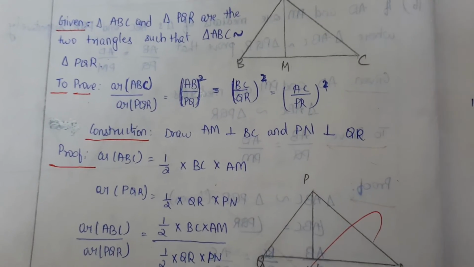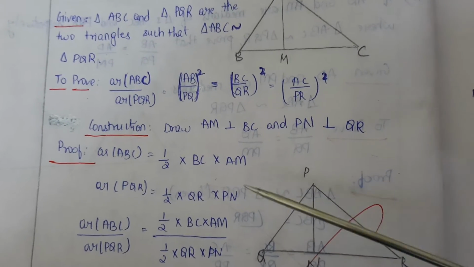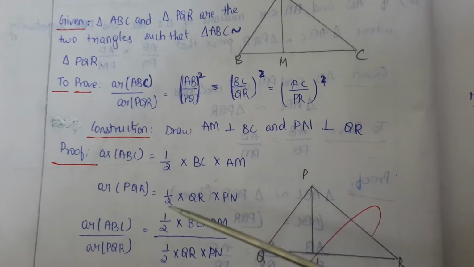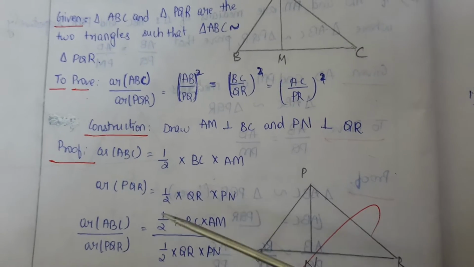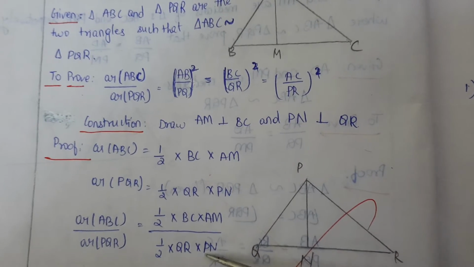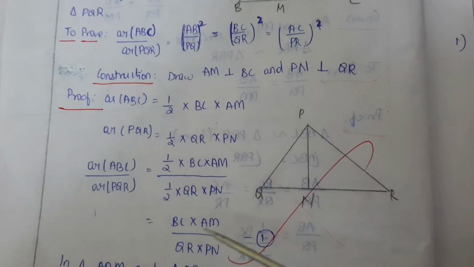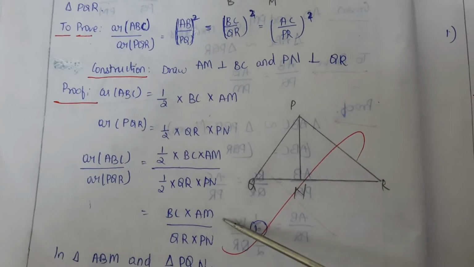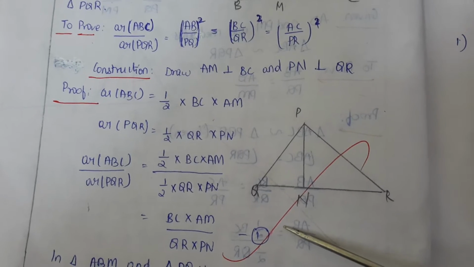Same way, area of PQR is half into QR, the base, into PN, the altitude. So now area of ABC by area of PQR is equal to half into BC into AM by half into QR into PN. Half and half get cancelled. We get BC into AM by QR into PN. Take this as the first equation.